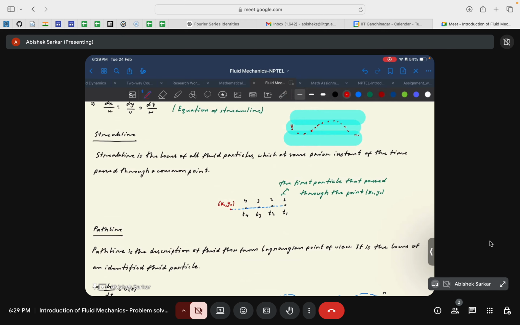So these are the particles that have been injected through the same point. That's again important to understand: through the same point. If you join these dots, the positions of the particles, you can get a certain curve, which turns out to be useful to visualize the flow in that particular flow field, or around an airfoil as well, or any other bluff body.